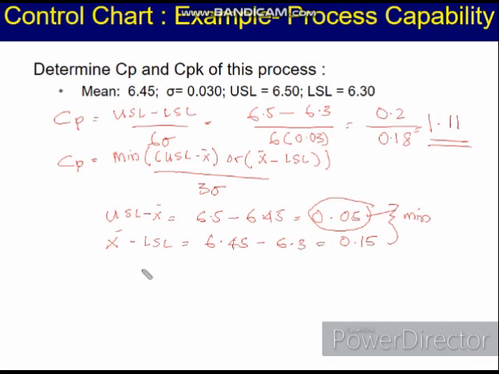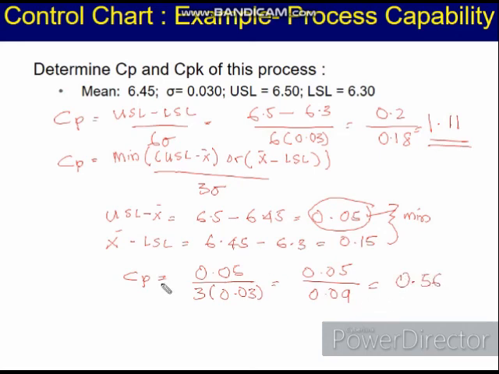So then we can calculate CPK is equal to 0.05 divided by 3 sigma, and 3 sigma is 0.09. So if you calculate this, what you'll get is 0.56.